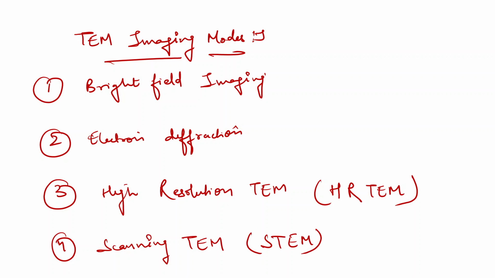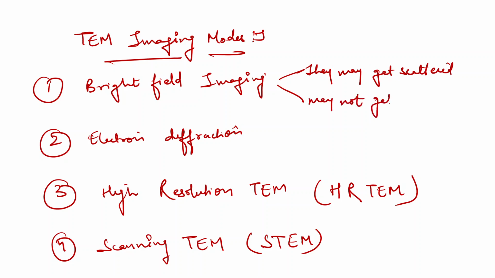In the very first one, bright field imaging, electrons after passing through the sample may get scattered or may not get scattered.